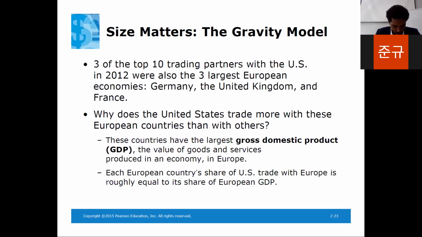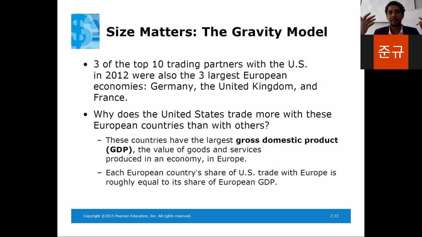According to Newton's law of gravity, the gravitational attraction between any two objects is proportional to their mass and inversely related to distance. So it is copied from Newton's law of gravity and applied in economics. The gravity model states that a country with a big economy will have big international trade.